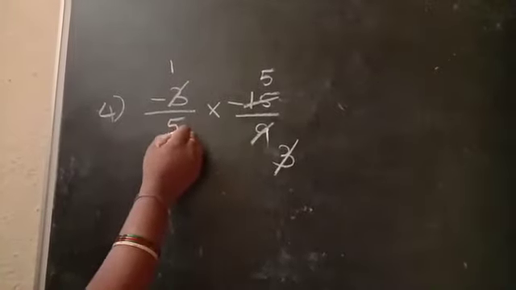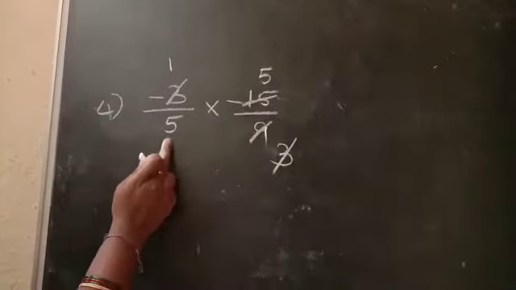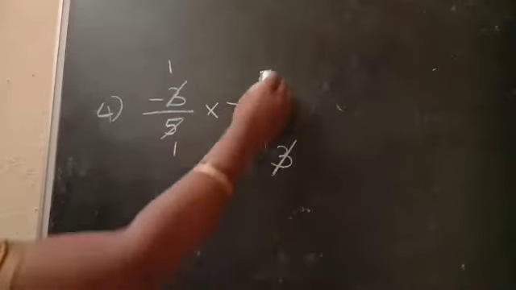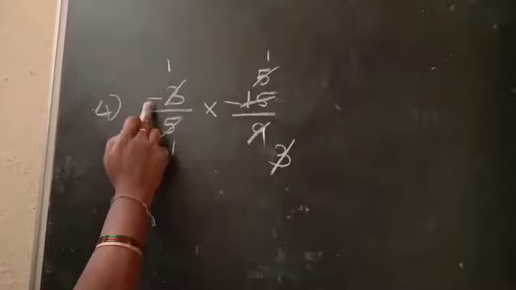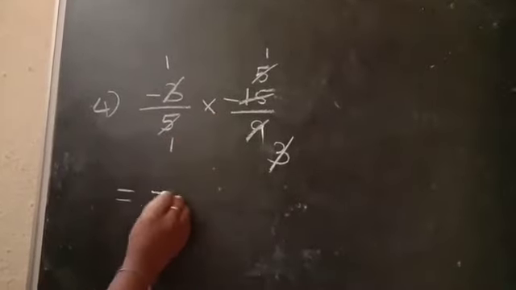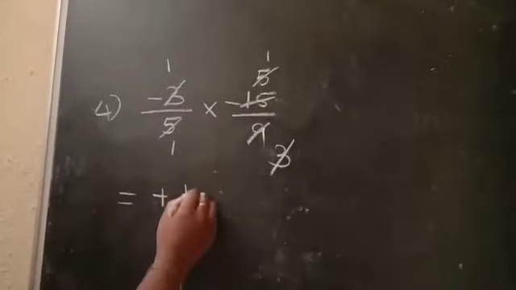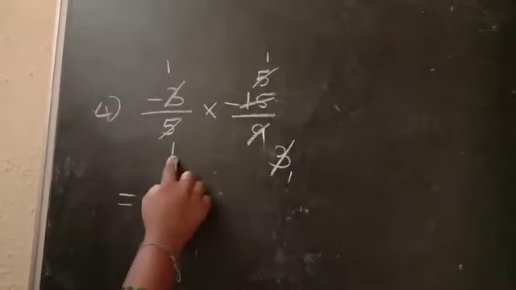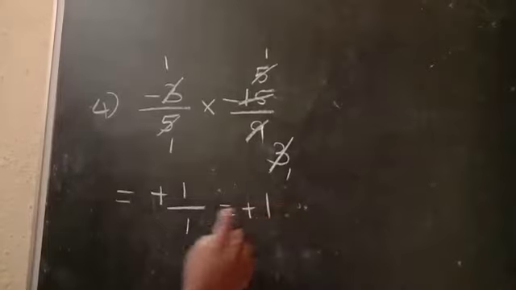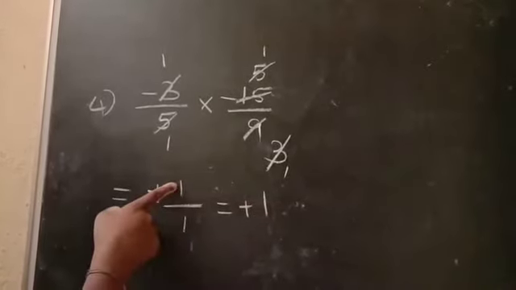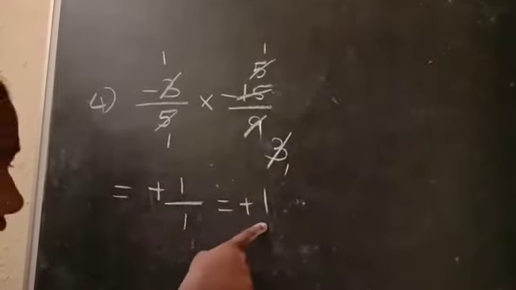Here, numerator and denominator can be cancelled. 1 5s are 5 and 1 5s are 5. So, our answer will be minus into minus plus. 1 into 1, 1 divided by 1 into 1, 1. So, we'll get here plus 1. 1 divided by 1 also is 1.